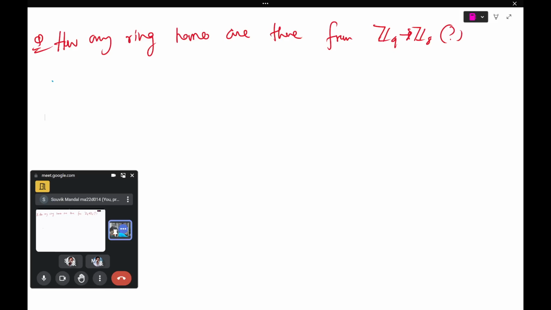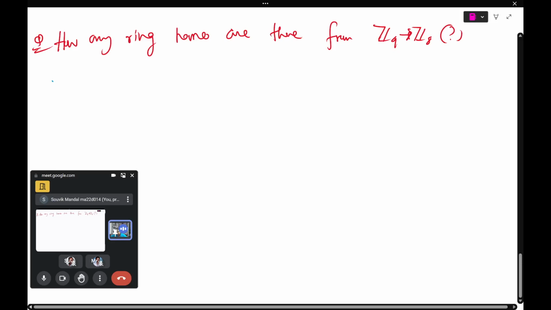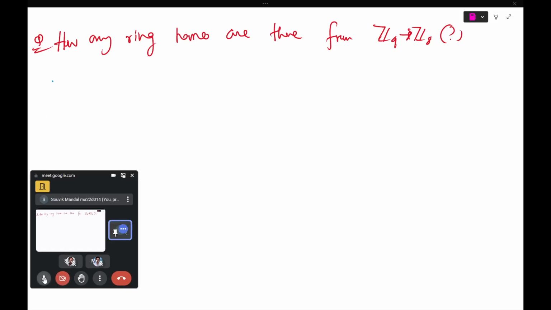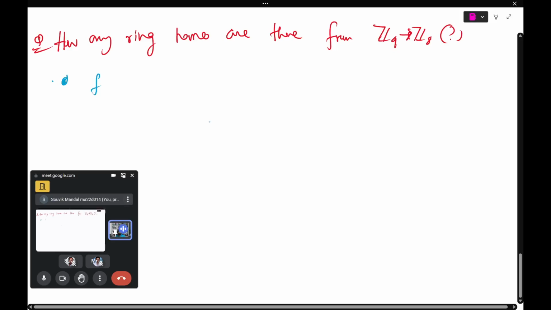Okay, so the argument is as follows. Let f be a map from Z4 to Z8 that is a ring homomorphism.